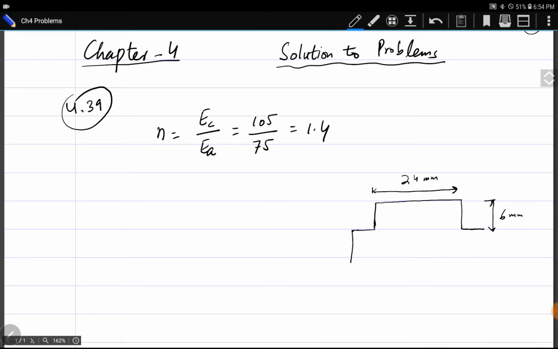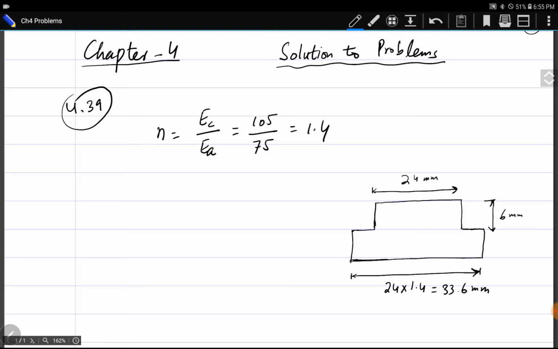The width will increase because n is greater than 1. How much has it increased? Initial width was 24, so 24 multiplied by n. So the total width of the copper section, which is now made of aluminum, is 33.6 mm. This whole cross section is made of aluminum.